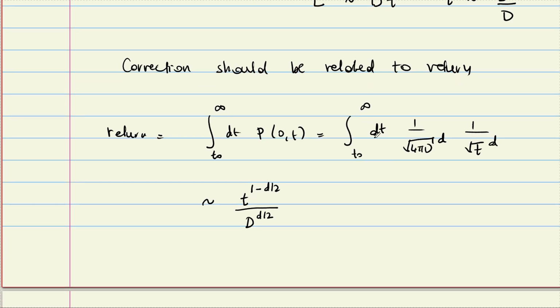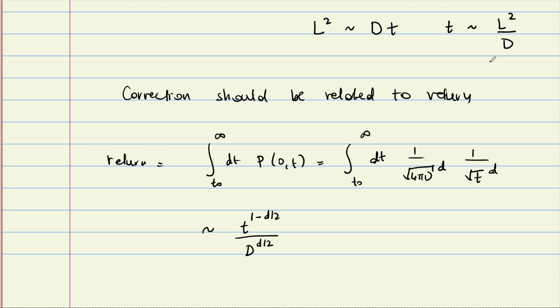But from here I know t is L squared over D. So if I multiply this thing with D to the d over 2, the unit of this thing is D times t to the power 1 minus d over 2, right?